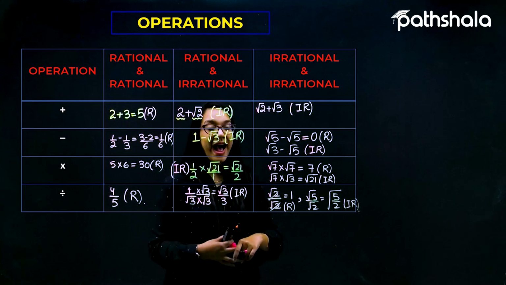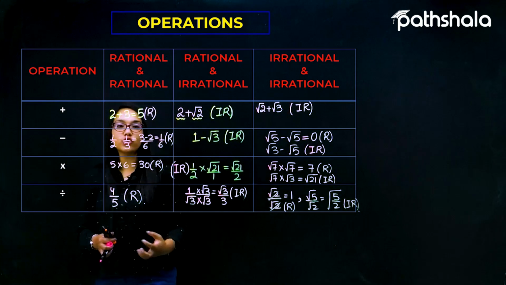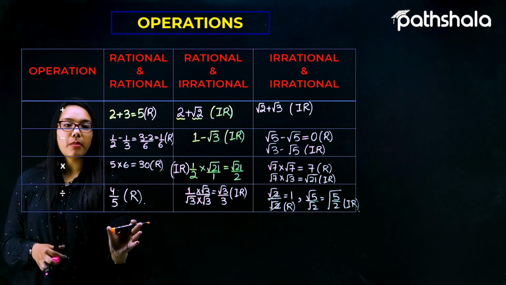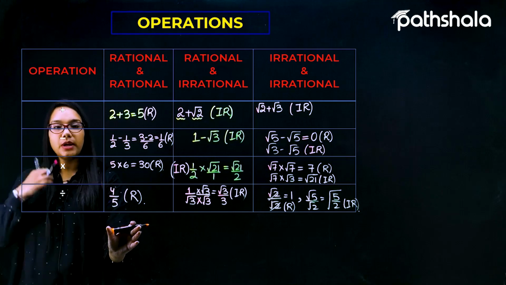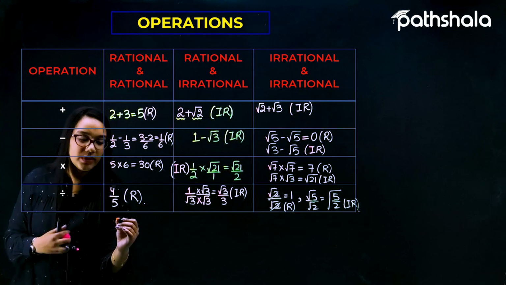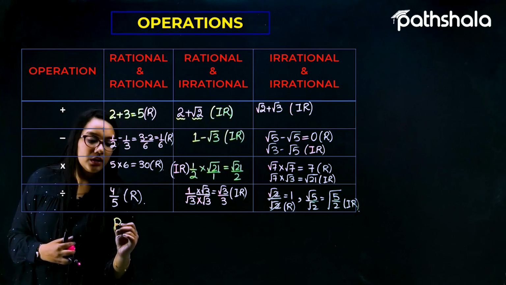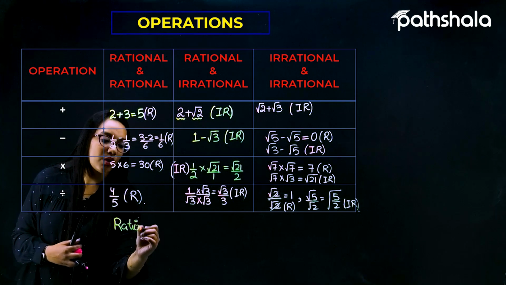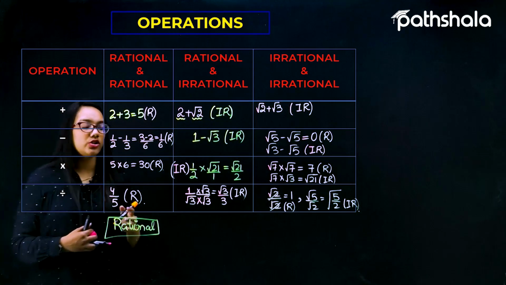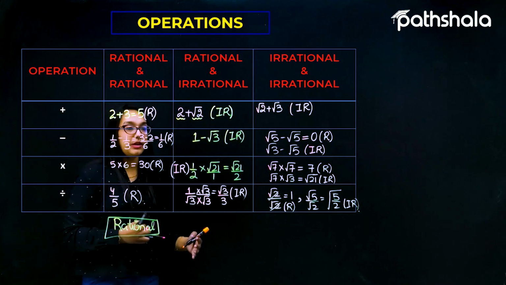So what is the conclusion of all these results? First of all, if we are talking about adding, subtracting, multiplying and dividing any two rational numbers, they always result in a rational number.